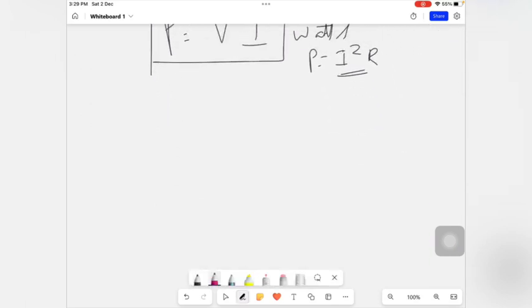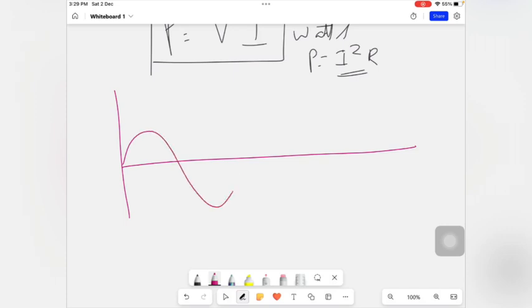I will write it here. We'll have the current vector and the voltage vector. Then the phase difference is the same.